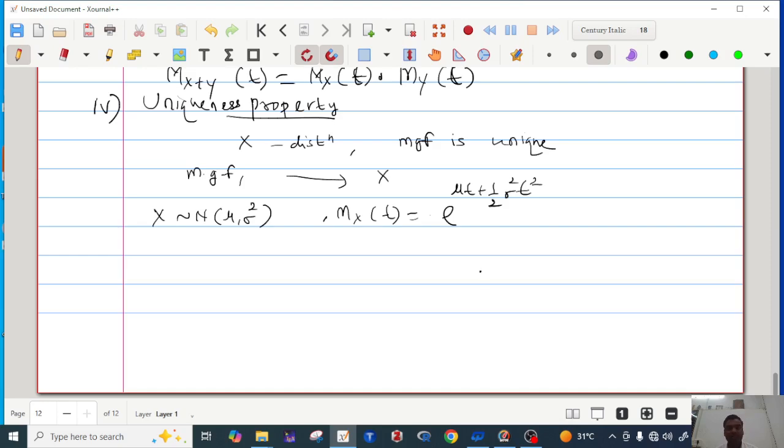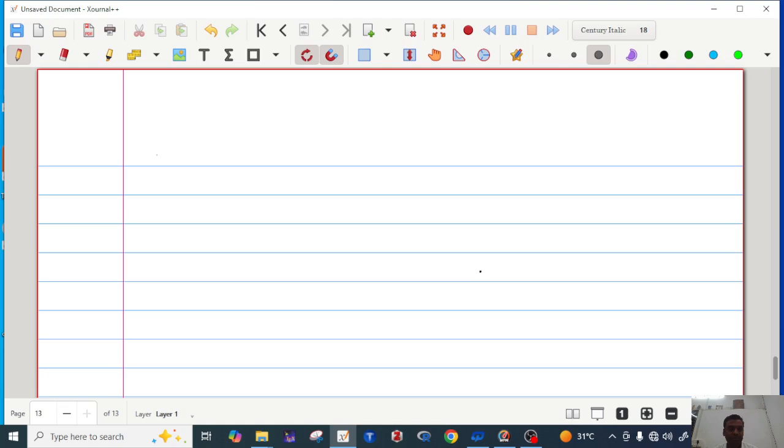Now the next concept is CGF, the full form is cumulant generating function.